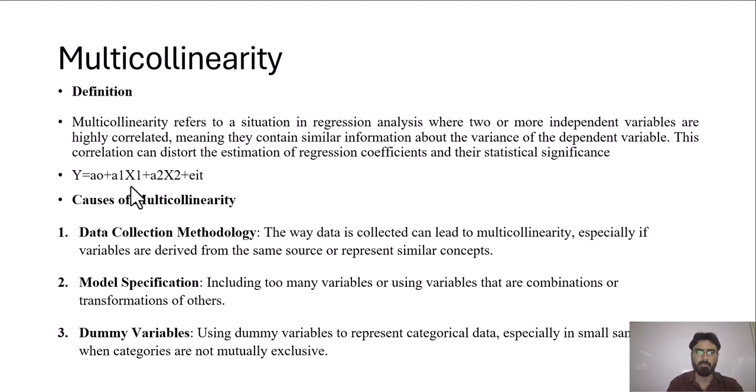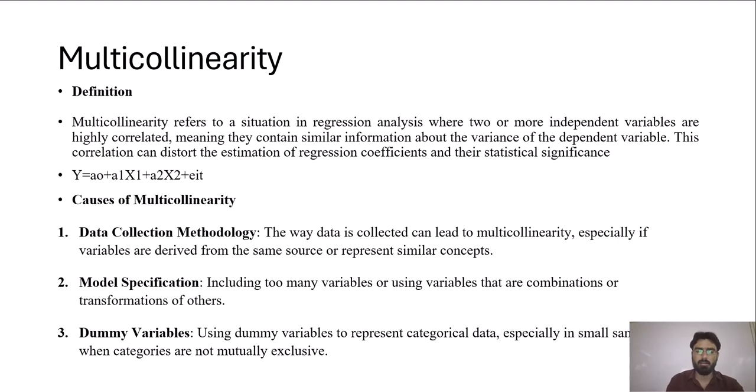So here, as you can see, I have written a very simple model. Y is the dependent variable, A0 is the intercept, x1 is the first independent variable, x2 is the second independent variable, and this is the error term. A1 and A2 are the coefficients of x1 and x2 respectively.